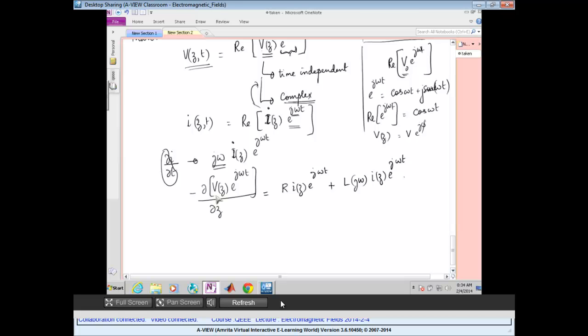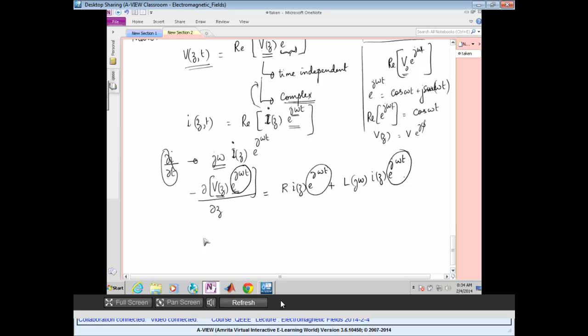And I know very well that this Vz is only a function of z now. The e power j omega t is dependent only on time, it does not depend on z, which means this is a constant when you are trying to take a derivative with respect to z, and that e power j omega t is common throughout. So I could divide it out, because that is definitely not 0.